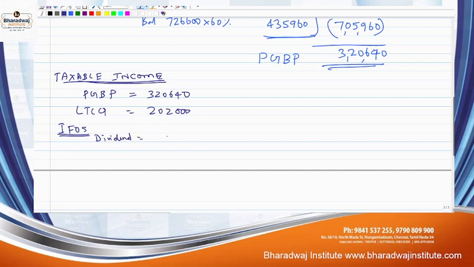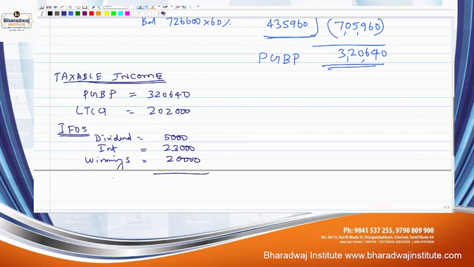Dividend income how much? 5,000. Interest on government securities. Then winnings. How much? 20,000.